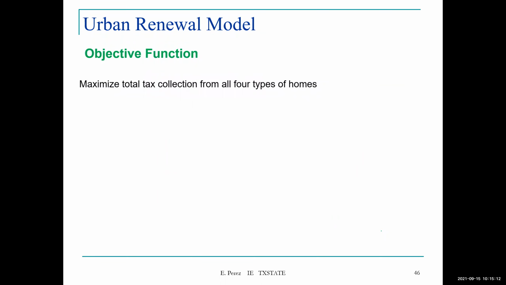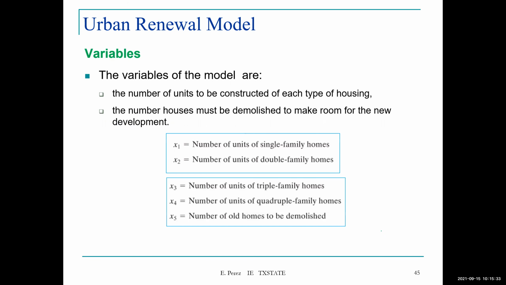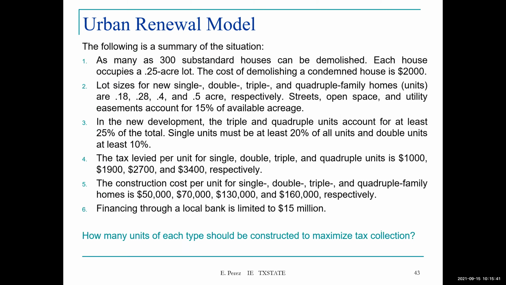So we want to maximize the total tax collection from all 4 types of homes. The objective function is what we are going to collect if we build single, double, triple, and quadruple units. So we want to maximize this collection. x5 I'm going to show you in a minute.